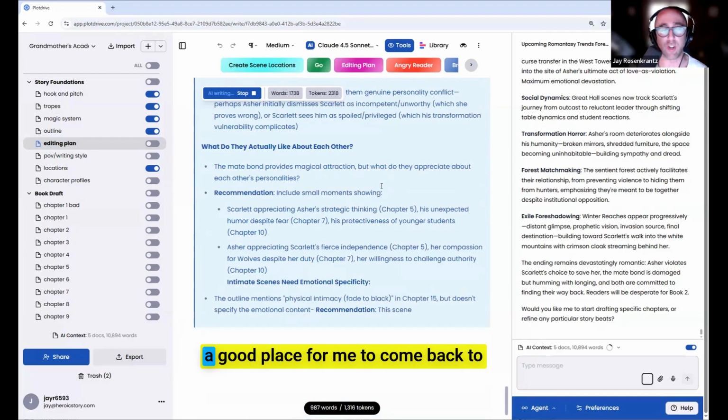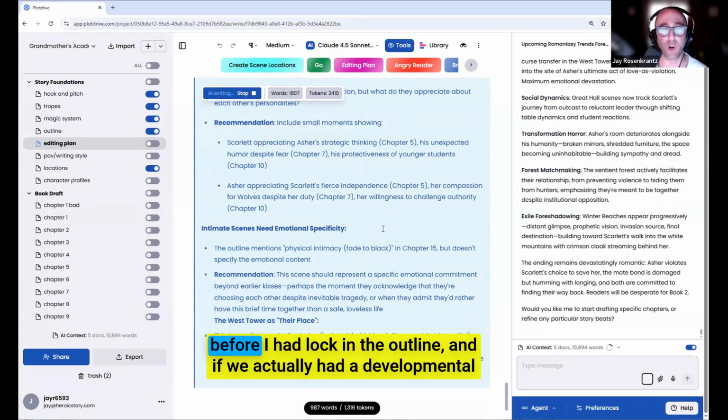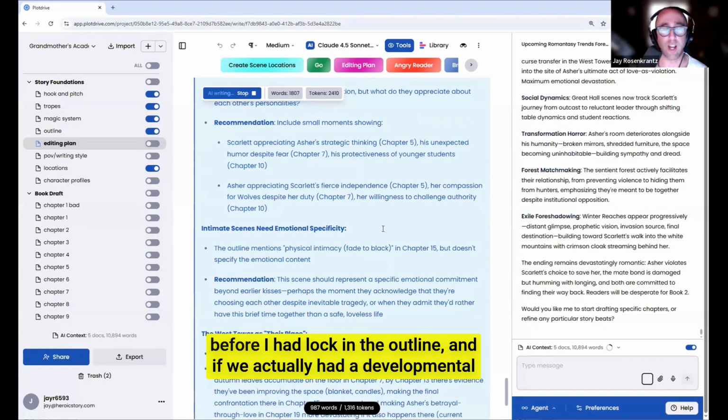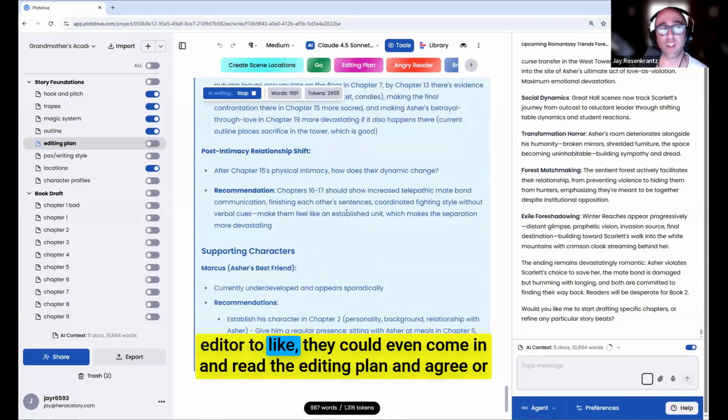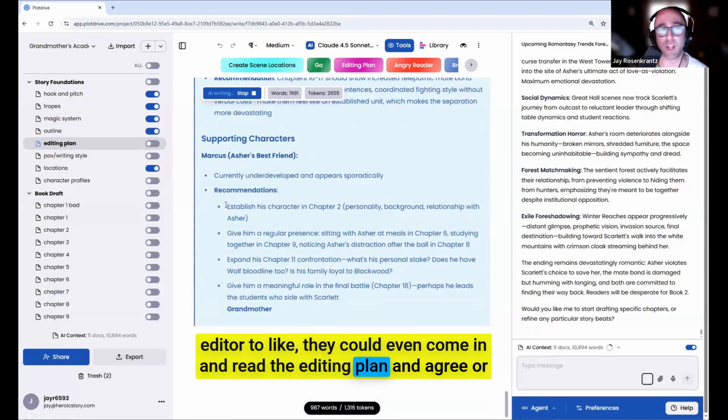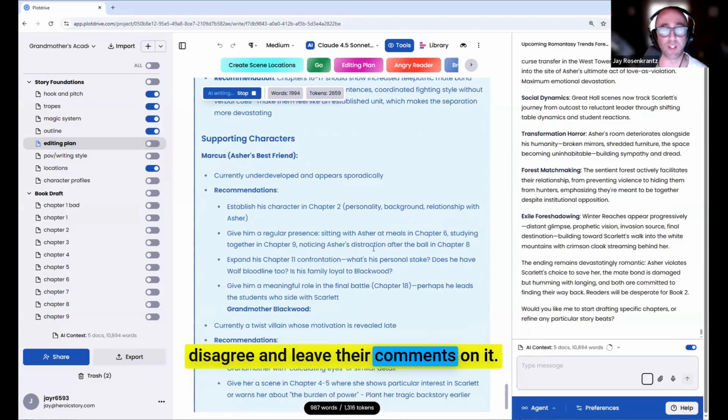But I think this is a good place for me to come back to before I lock in the outline. And if we actually had a developmental editor, they could even come in and read the editing plan and agree or disagree and leave their comments on it.